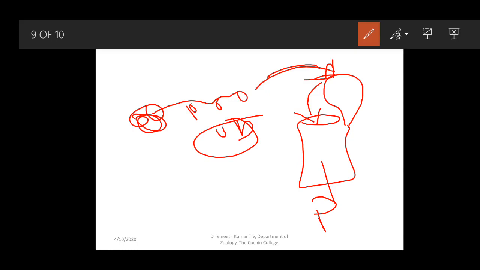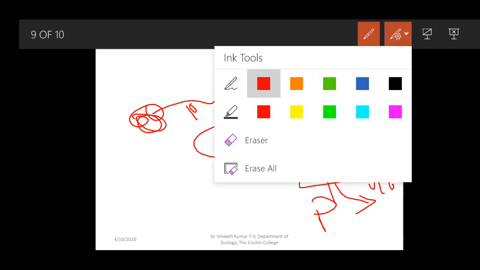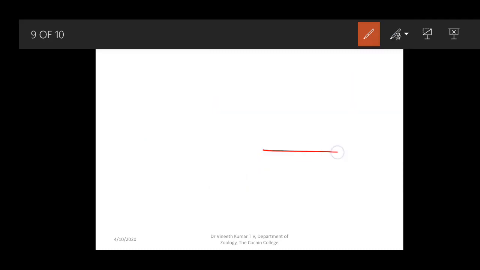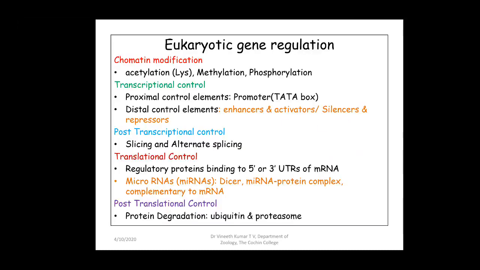This barrel contains many peptidases which will be cleaving off the peptide bonds. So the protein will be cleaved into many amino acids. The component amino acids will be recycled and used for the production of new proteins.